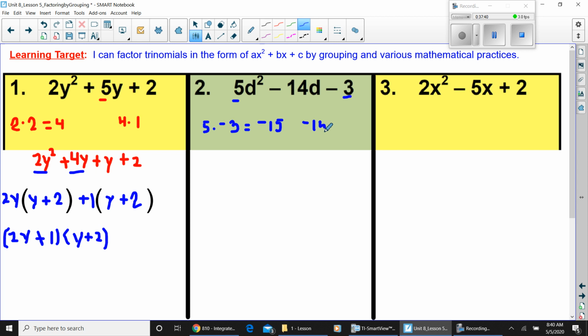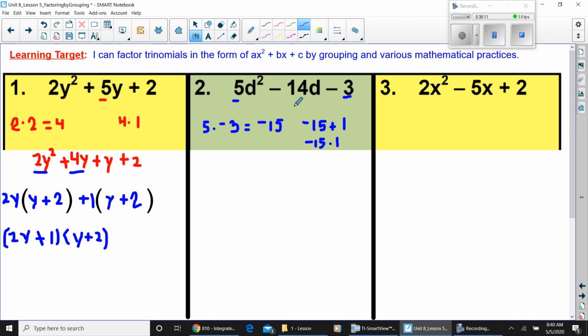The first two factors that multiply to negative 15 are negative 15 and 1. Negative 15 times 1 equals negative 15, and negative 15 plus 1 equals negative 14.